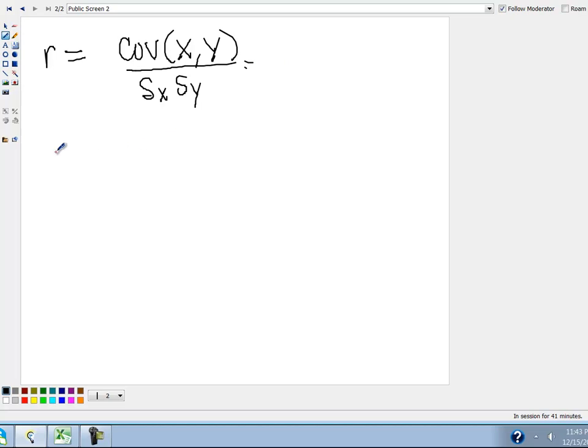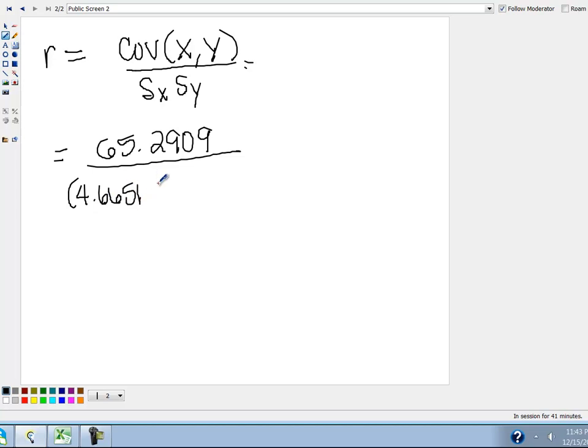So we already said that the covariance is 65.2909. We calculated the standard deviation of x to be 4.665151. Remember to use all of your numbers. And then the standard deviation for y is 13.99545.